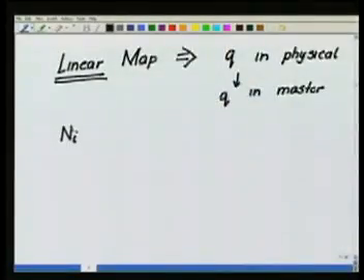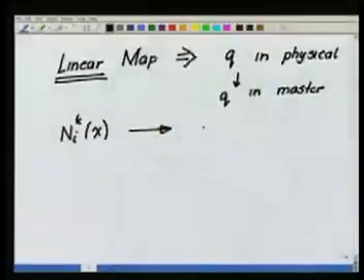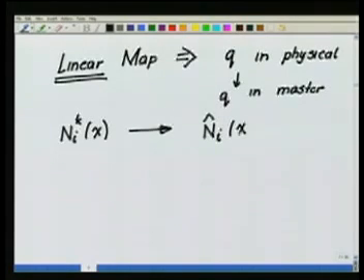So if I have my shape functions defined in the physical element as we had done earlier, Ni, which is a polynomial of order p, this will, by employing this mapping, map to a polynomial of order p in the master domain.